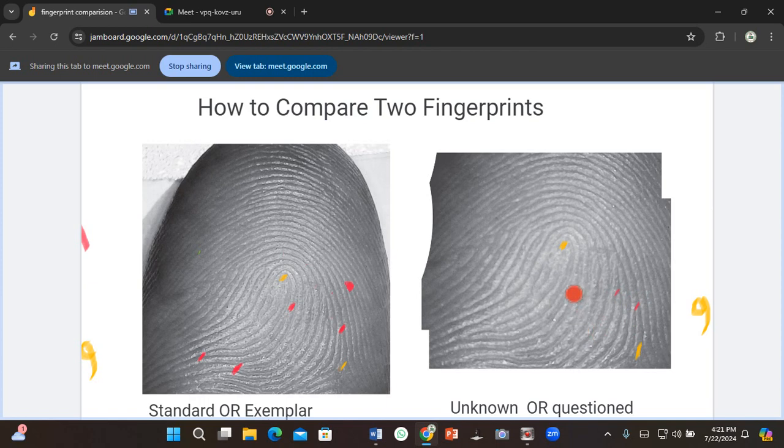We have one here, and one here. Yes, there's one here.